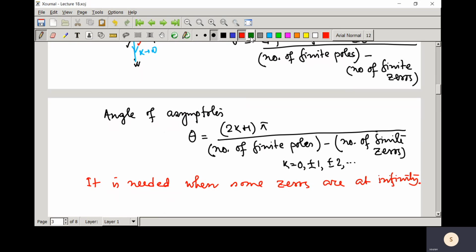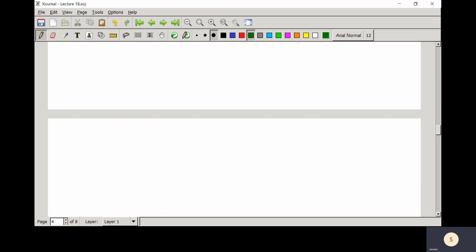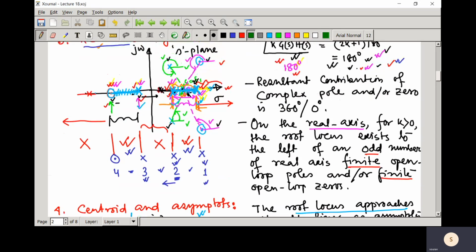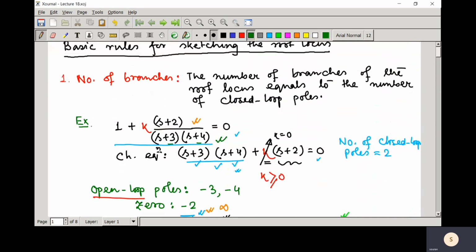Whenever some zeros are at infinity, in this particular example, there is a zero at infinity, and you can see how many finite poles there are: 2. How many finite zeros: 1.